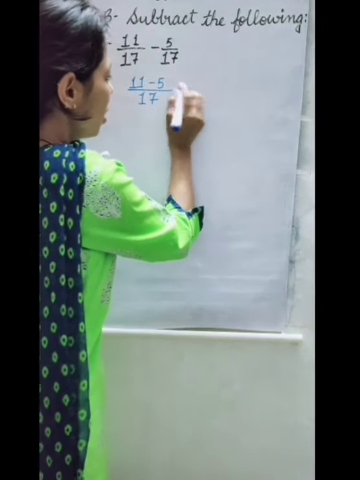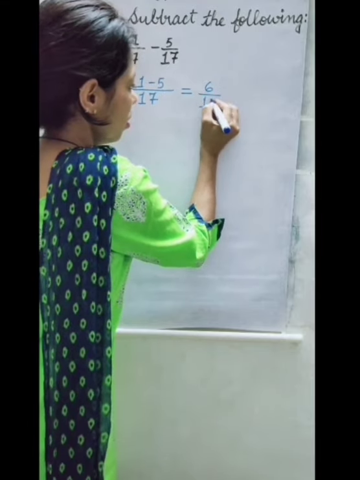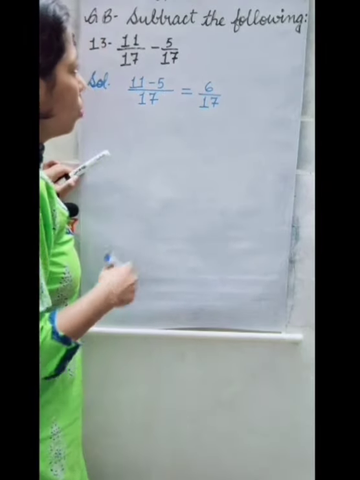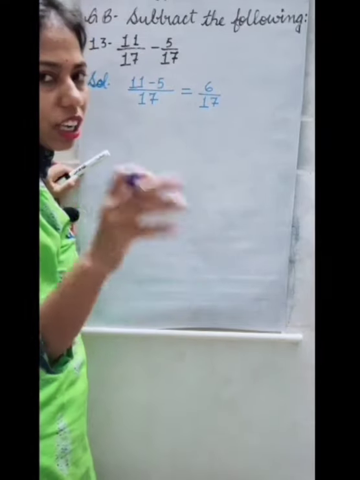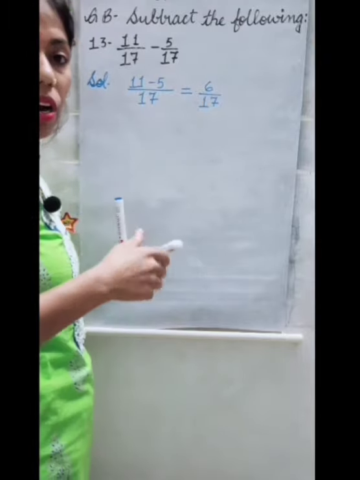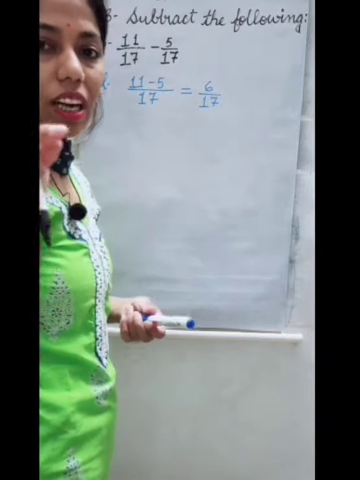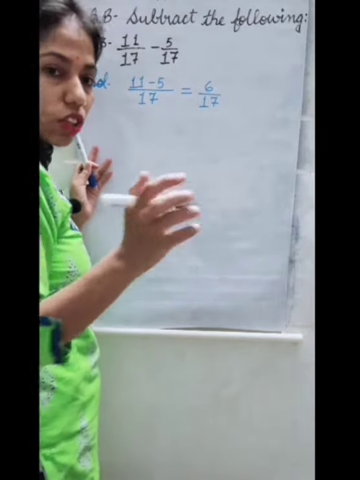So when we will subtract this 5 from 11, we will get 6 by 17. So the solution of this subtraction is 6 by 17 and we cannot reduce it to lowest term. Now let's move to next part, part 16. 14 and 15 are same as part 13 that you will do as revision work.